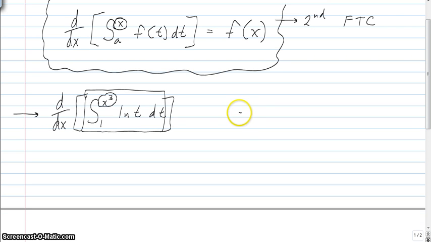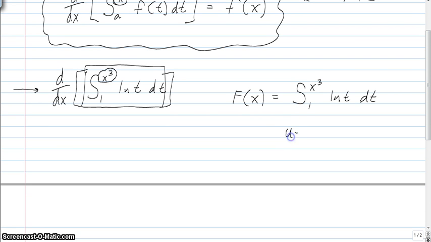So let's do this. We're going to call capital F of x this function, the integral from 1 to x cubed of natural log of t with respect to t.